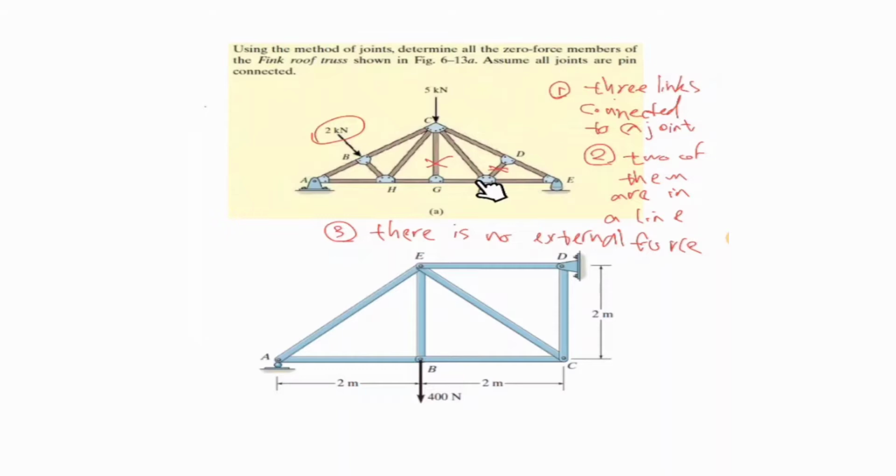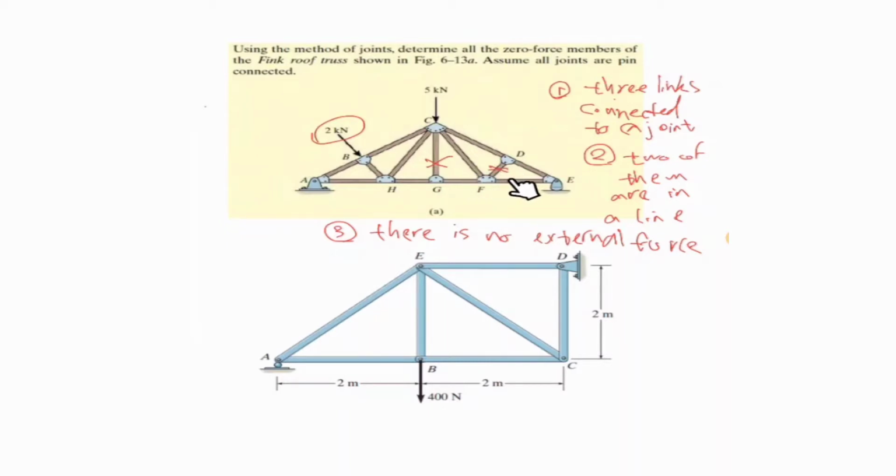Okay, one of the things that you need to be very careful about is that right now we can consider point F. We already removed this, meaning that we ignore this totally.